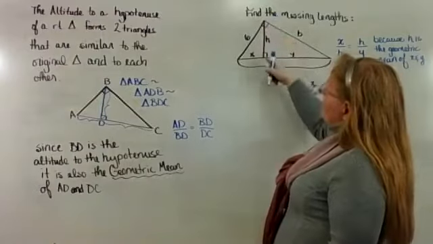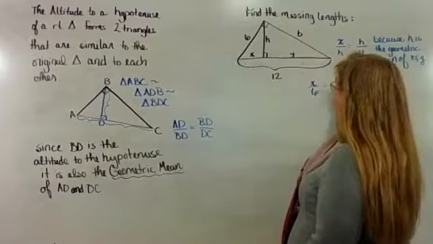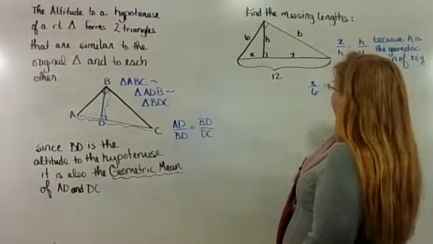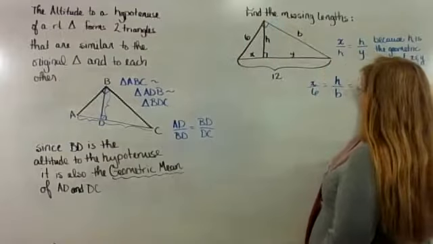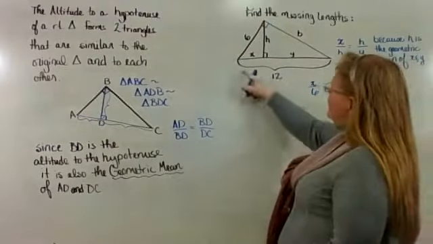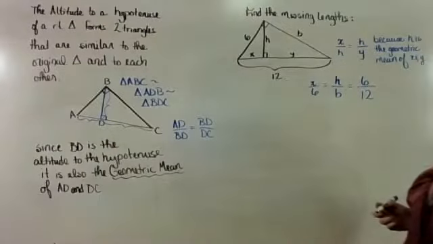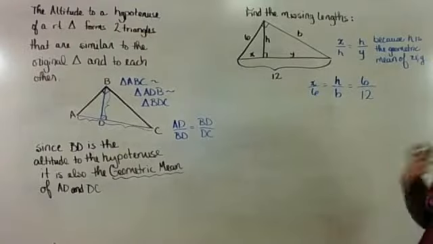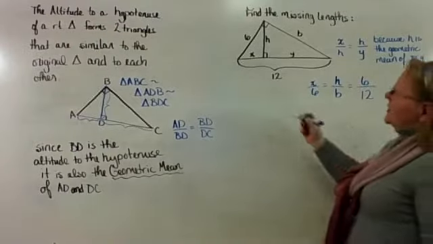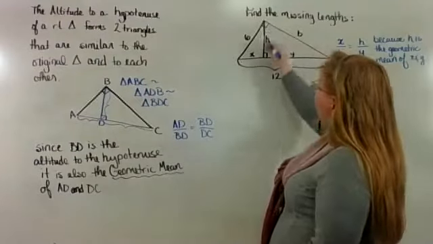The longest leg of the big triangle is b. And then the hypotenuse of the little triangle is 6, and the hypotenuse of the big triangle is 12. So that's the similarity that we are told from having the little triangle being similar to the great big one.